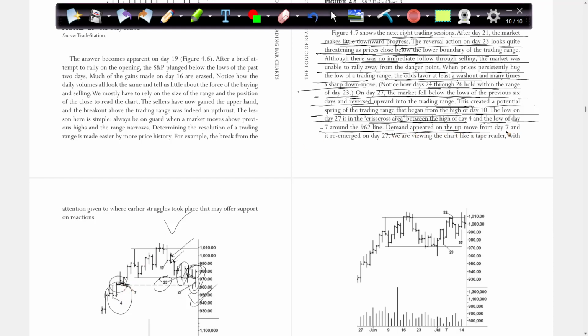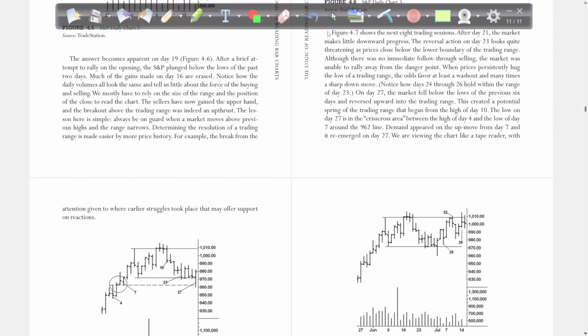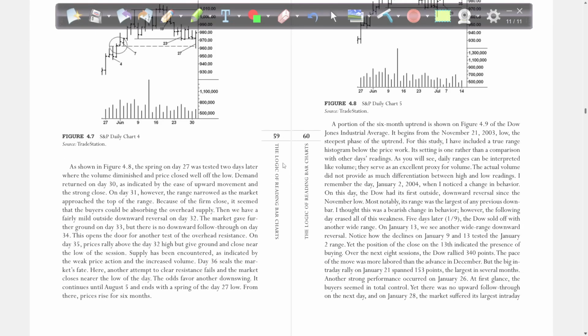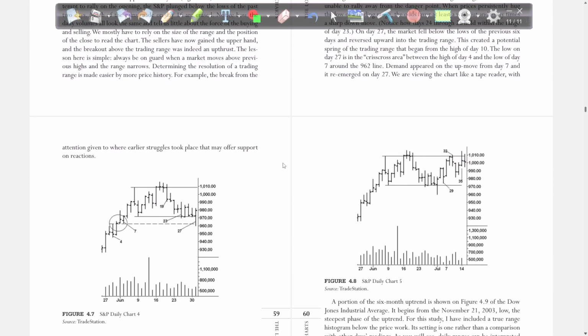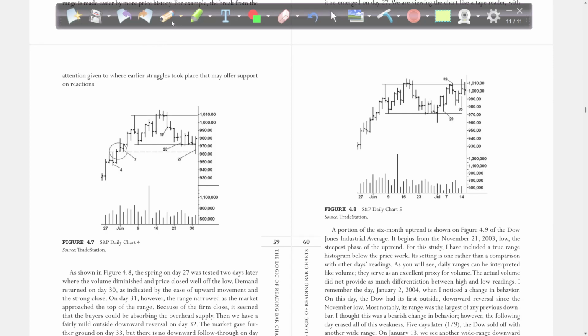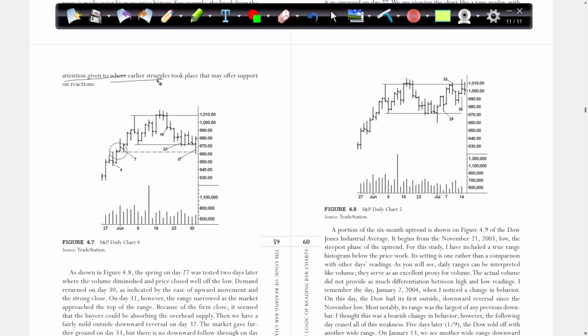Demand appeared on the up move from day 7, and it re-emerged on day 27. We are viewing the chart like a tape reader, with attention given to where earlier struggles took place that may offer support or reactions.